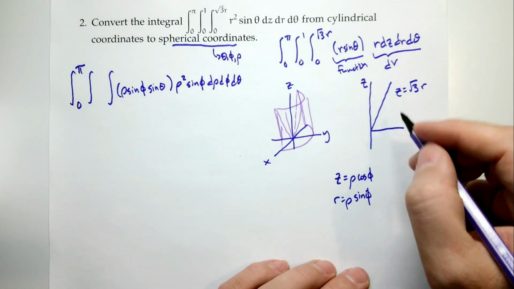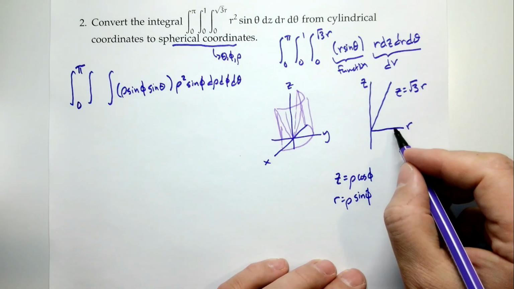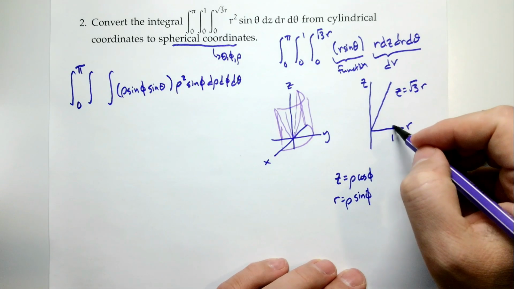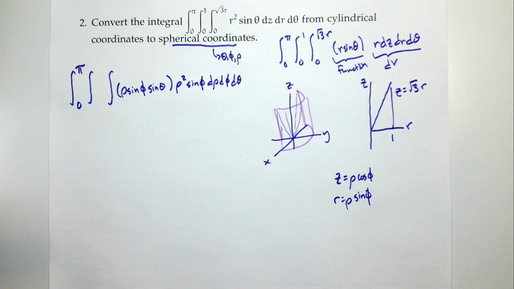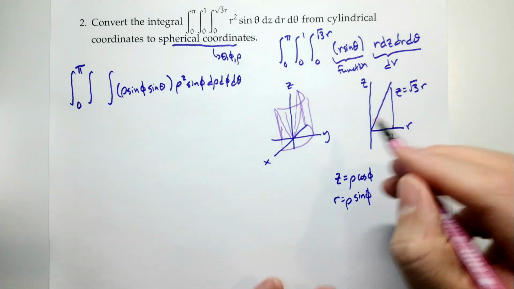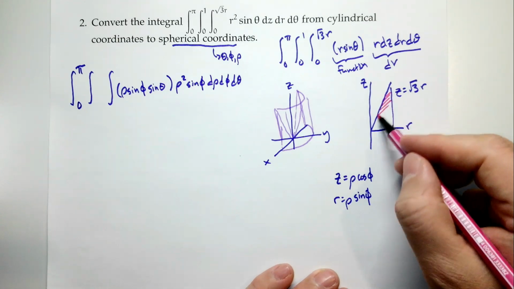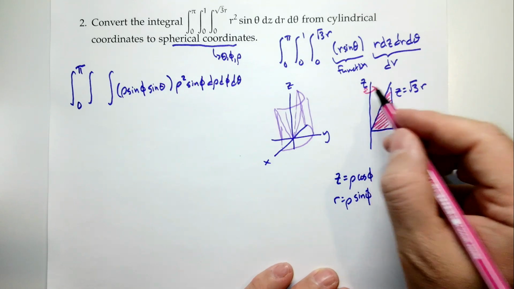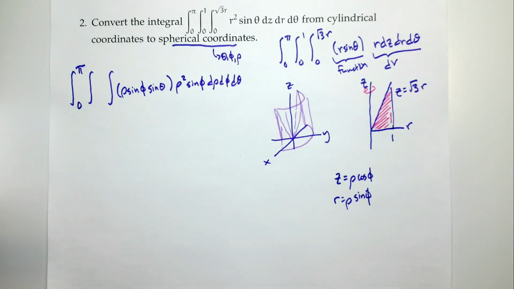Well, if you think about the picture here, and I'm going to actually be a little bit more precise here. So I'm going to go out here to r equals 1. And what's happening in this picture is I'm taking this slice here, a little triangle, and this is what I'm going to spin halfway around. That's what forms my shape as I form it here.